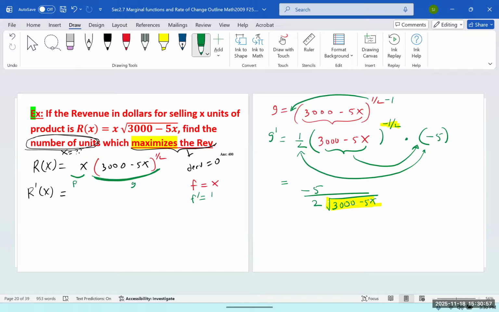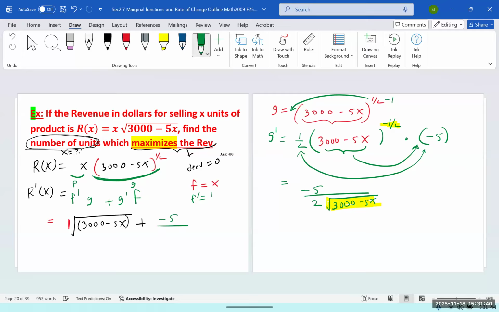That's the derivative of G. So the product rule is F prime G plus G prime F. So F prime is 1, times the G function, 3000 minus 5x with the 1/2 power, plus this entire thing is a G prime.